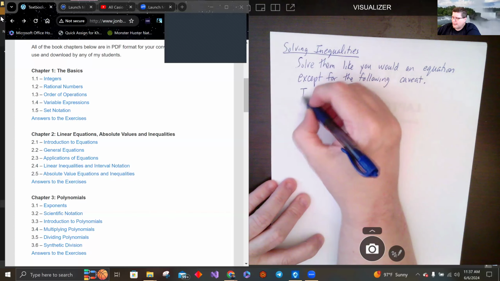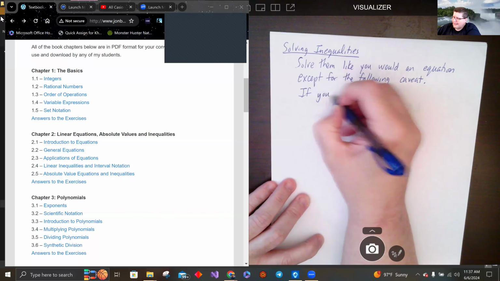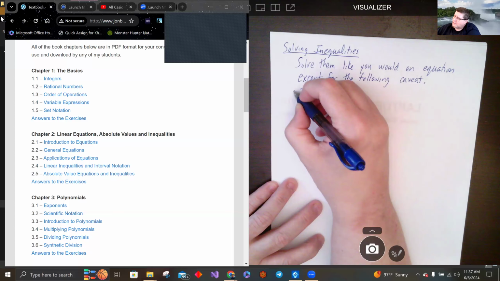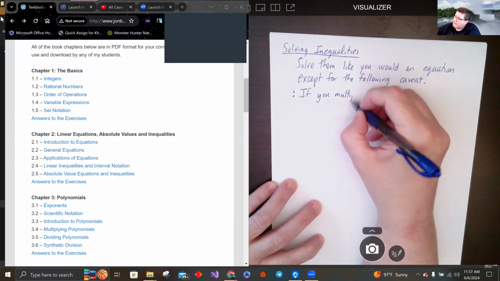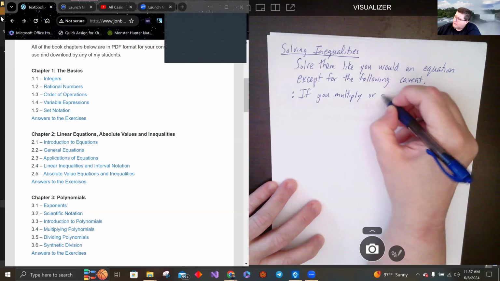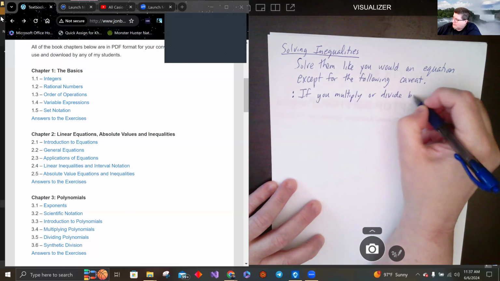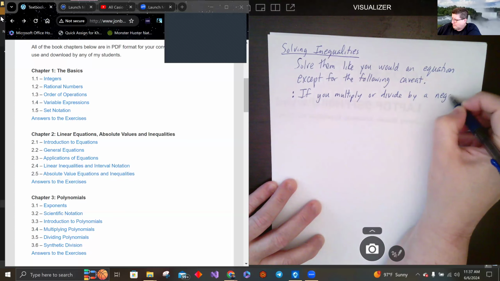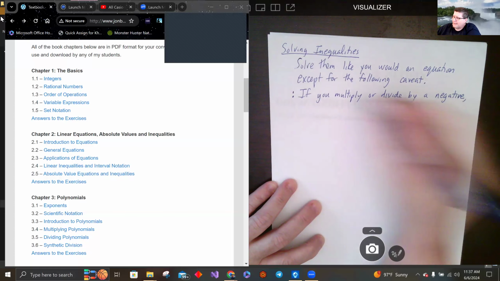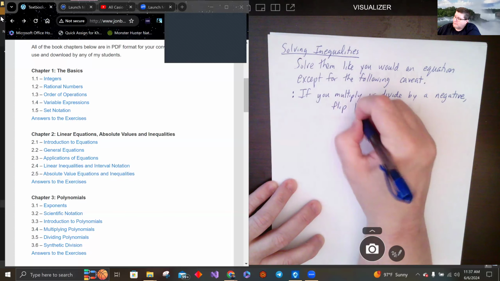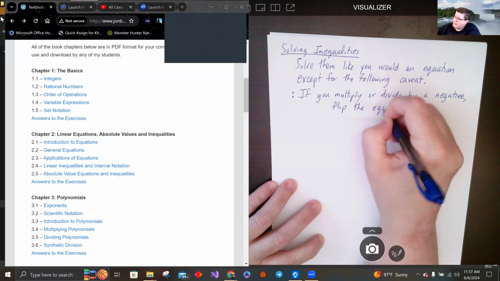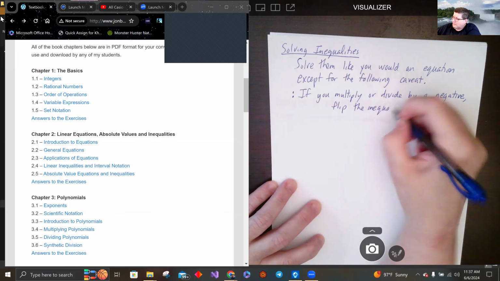If you multiply or divide by a negative, flip the inequality. Simple.